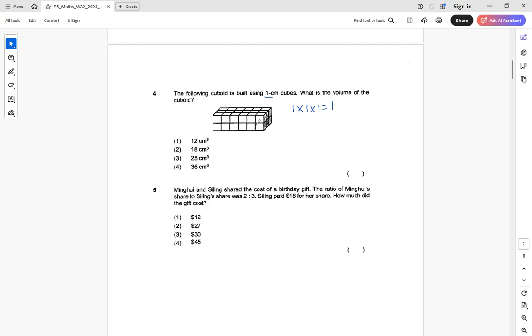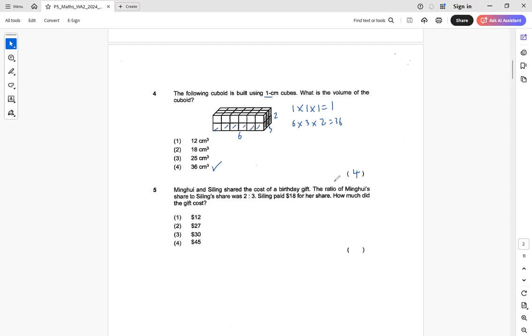Okay, so lengthwise, I have 1, 2, 3, 4, 5, 6. The breadth-wise for this cuboid is 1, 2, 3. The height is 2. So to find the total number of cubes in this cuboid, it will just be length times breadth times the height. 6 times 3 times 2 will give us 36, which is option 4.